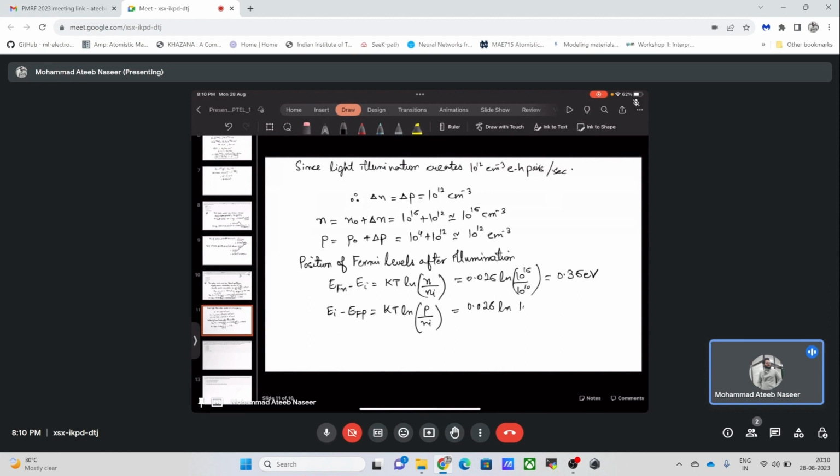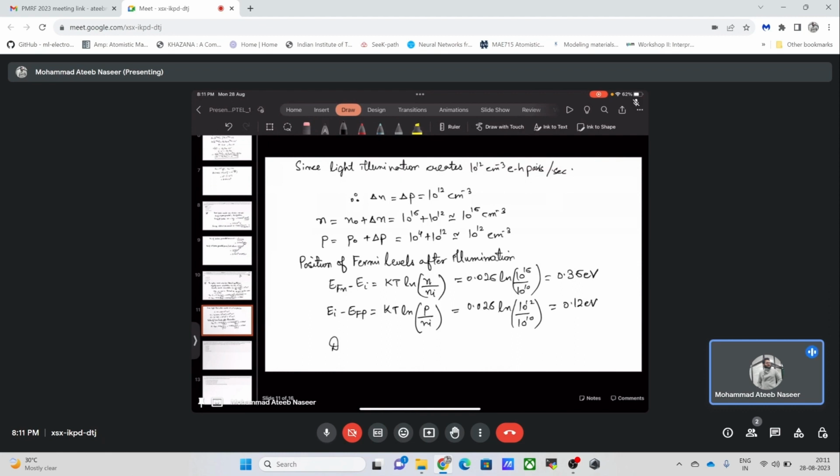So it is ln of 10 to the power of 12 by 10 to the power of 10, and it is simply ln of 10 to the power of 2. Multiplying by 0.026, it is approximately 0.12 electron volts.